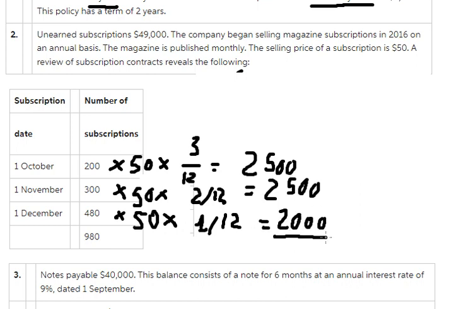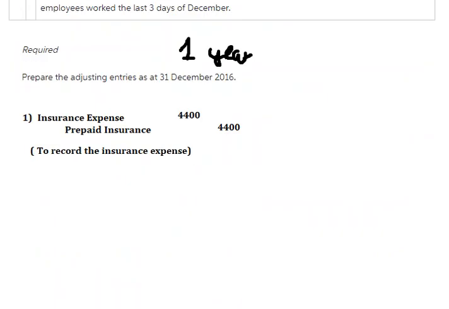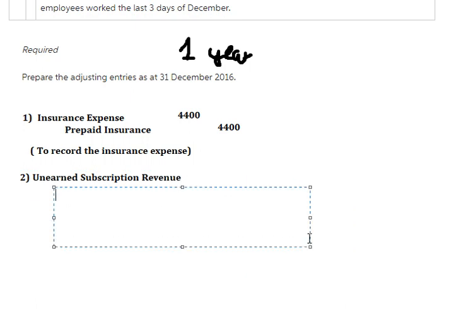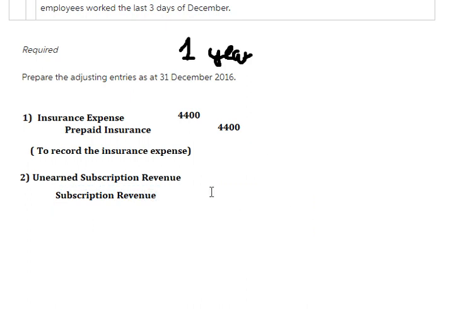So we sum all of them and you got about 7,000. So we can write unearned subscription revenue, then subscription revenue, and that is about 7,000.